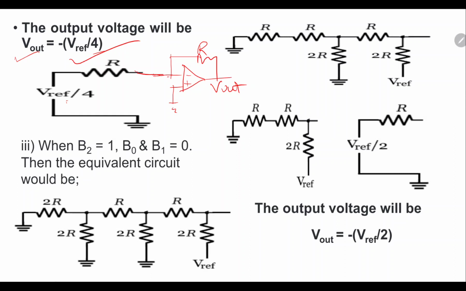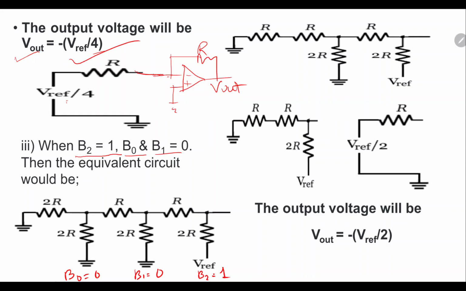Okay. Now the next case is B2 will be 1 and B0, B1 will be 0. So B0 is 0, B1 is 0 and B2 equal to 1.